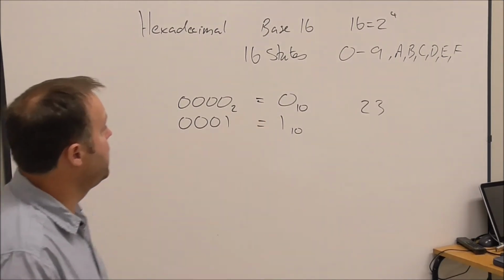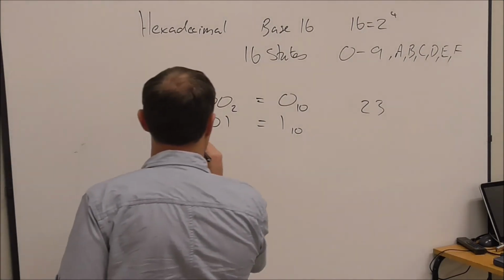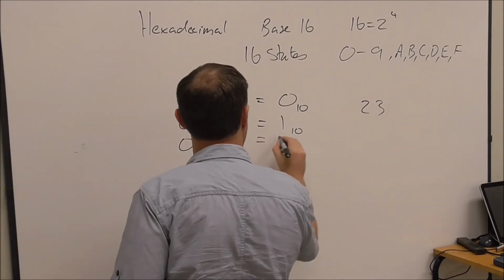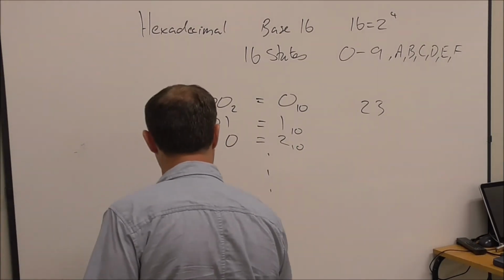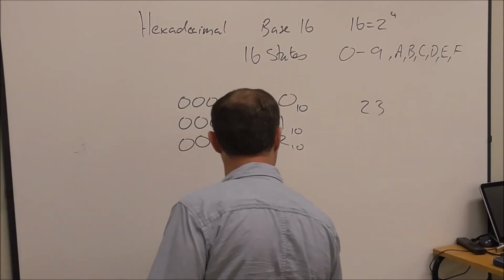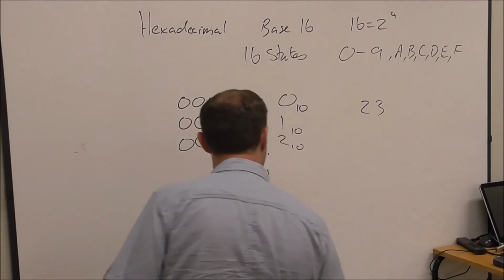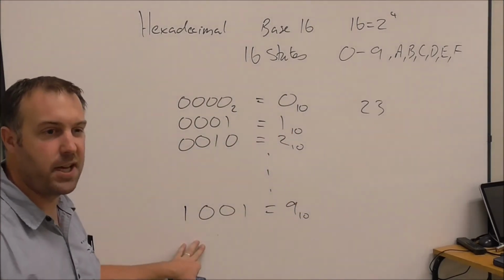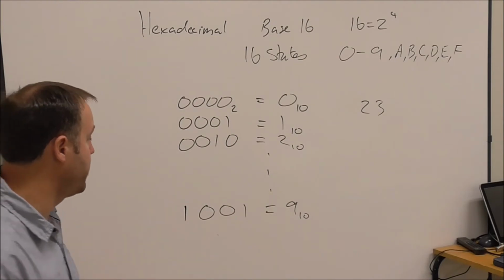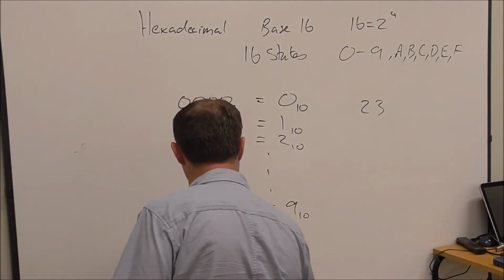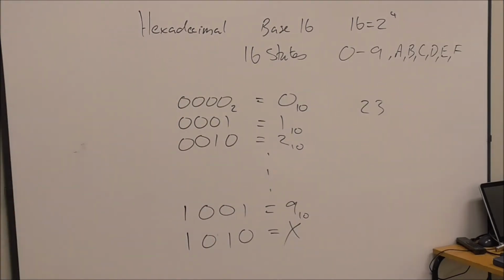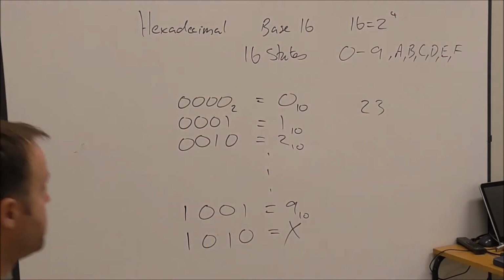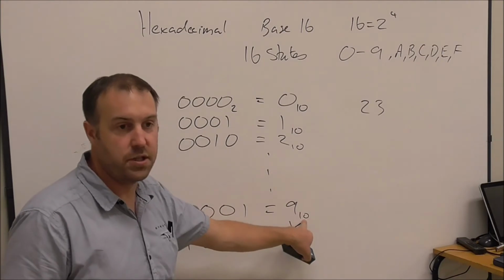So what I need to do is, well, I can populate this whole list. It's 2 in base 10 and so on, right up until I get to 9, 1001. And anything after this is actually an illegal value. It doesn't actually make any sense. So 1010 is not a binary coded decimal value because I'm actually out of digits.